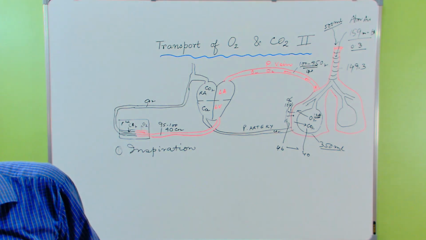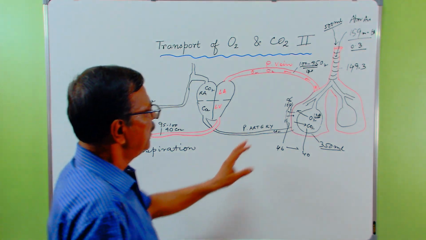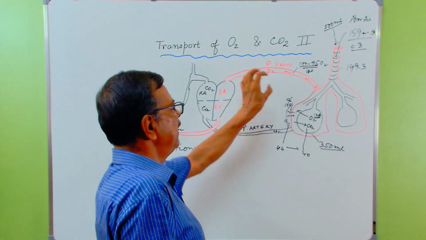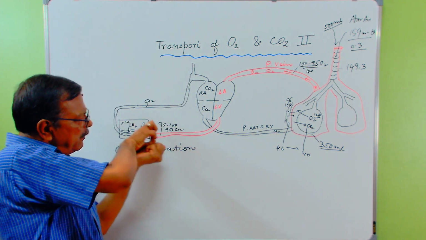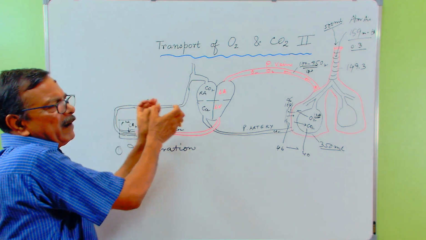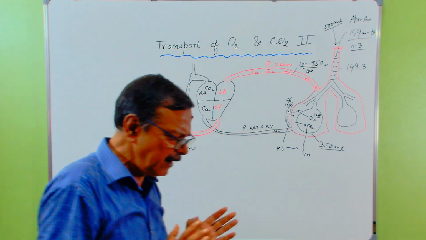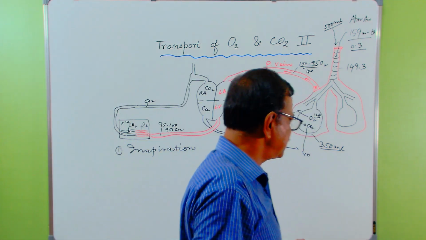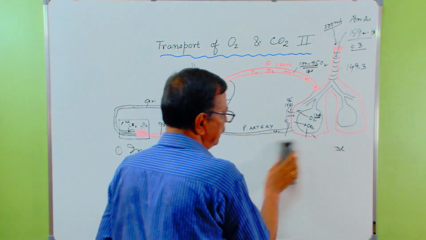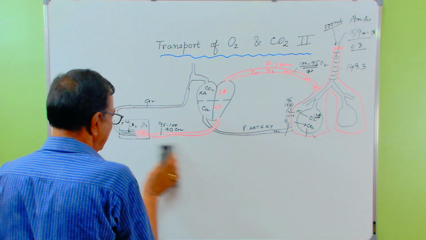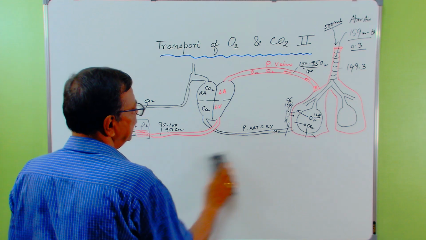Now, in which form is this oxygen carried and in which form is this carbon dioxide carried by the blood? So we know that blood is the main transporter, and blood carries the oxygen and CO2.